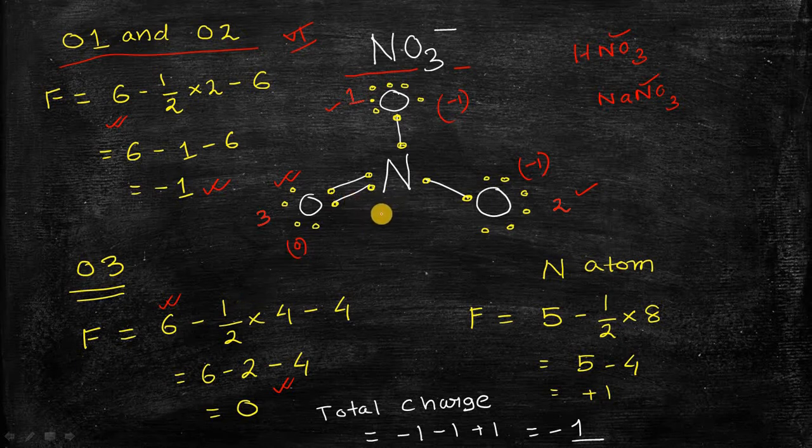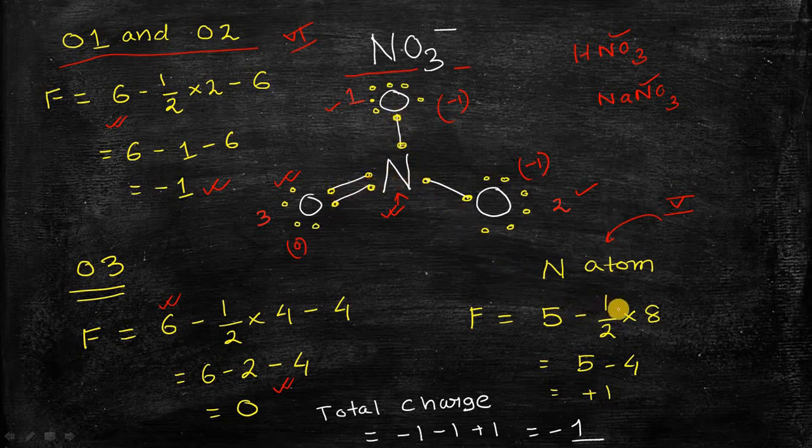Now let's look at the central atom, that is the nitrogen atom. We have to see what happens in the case of the nitrogen atom. As you know, nitrogen is a group 5 element, so it will contain a total of 5 valence electrons, and we have to calculate the number of bonding electrons: 1 2 3 4 5 6 7 8.